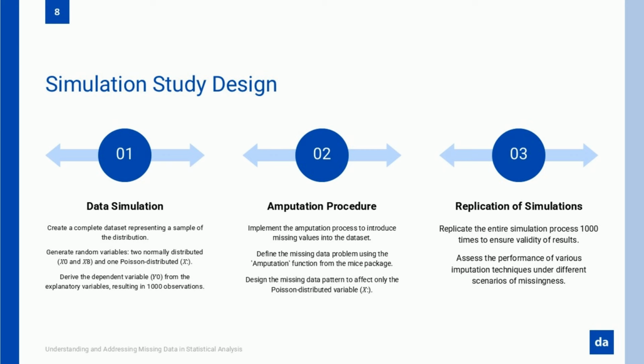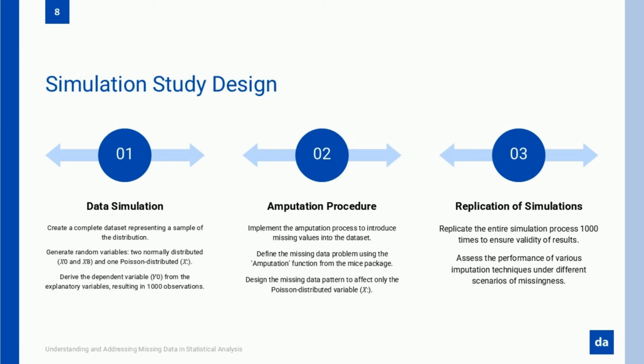The missingness follows carefully defined mechanisms such as missing completely at random, MCAR, or missing at random, MAR. This step reflects real-world scenarios where some data points, like customer surveys or event counts, might not be recorded consistently. The result is an incomplete dataset ready for imputation testing.